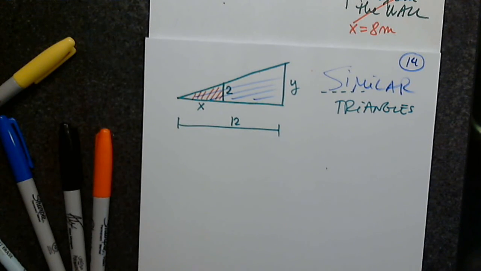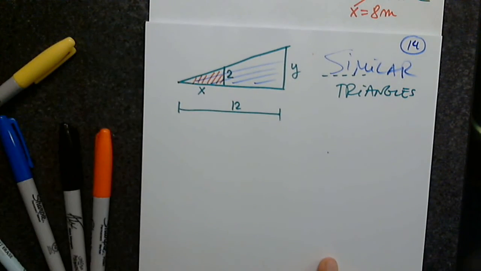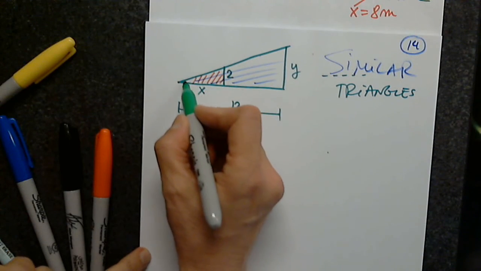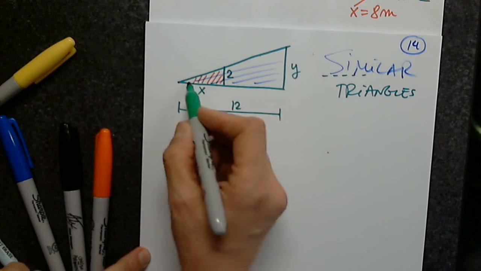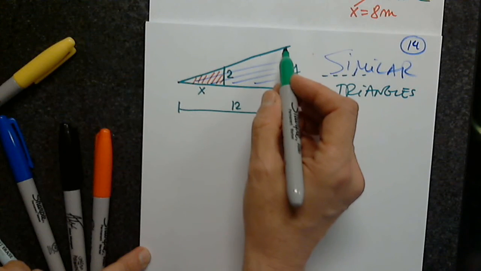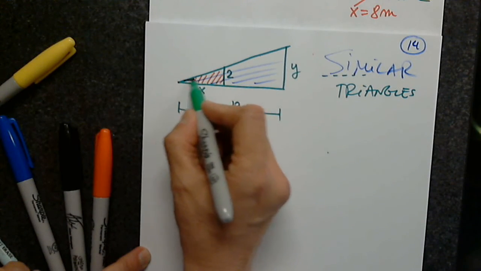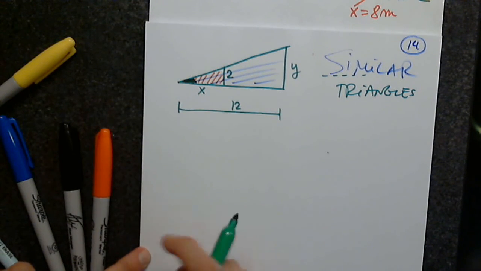Similar triangles. So in order to show that the triangles are similar, we have to show congruent, or equal, pairs of angles. Otherwise, they're not similar. So I'm looking at the red and the blue triangle. Is this angle common to both? Yes.